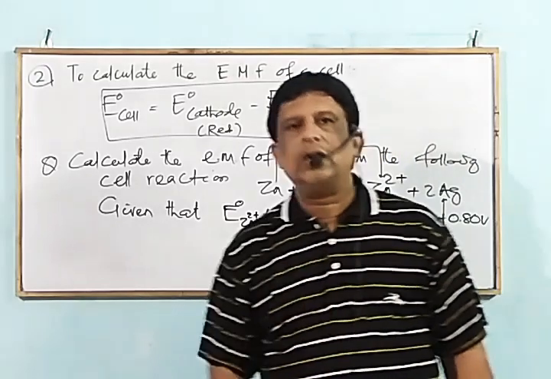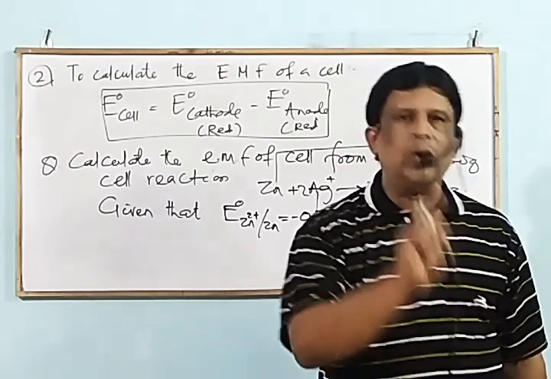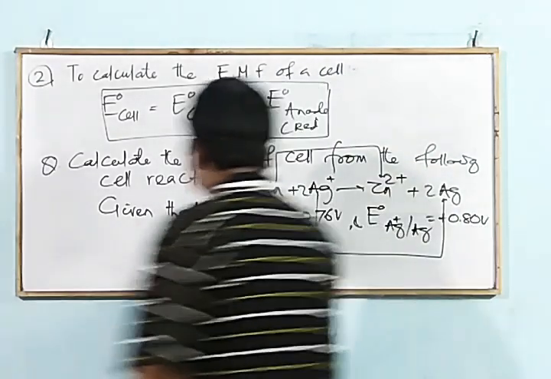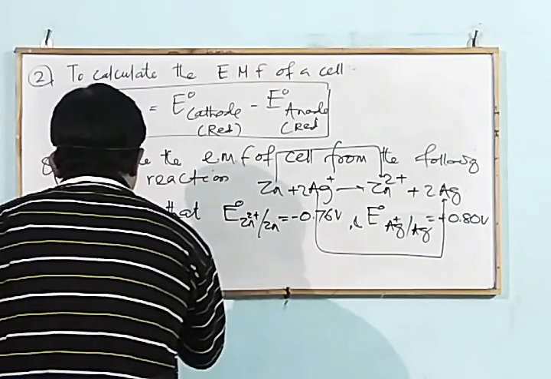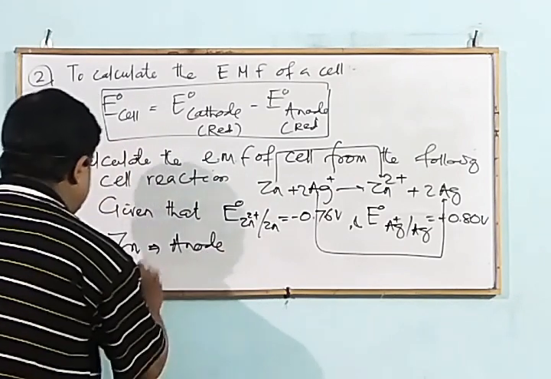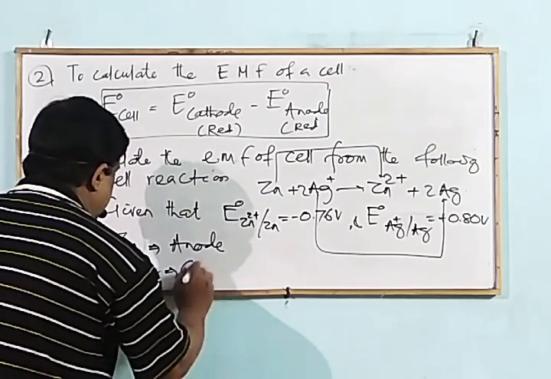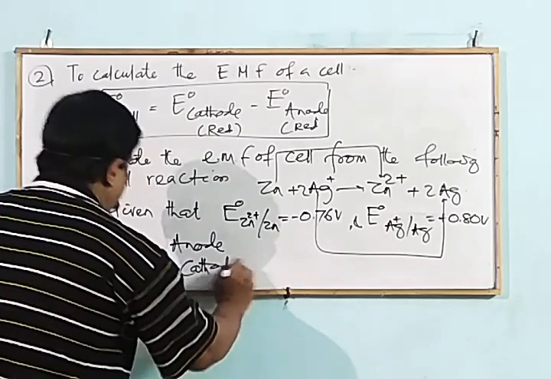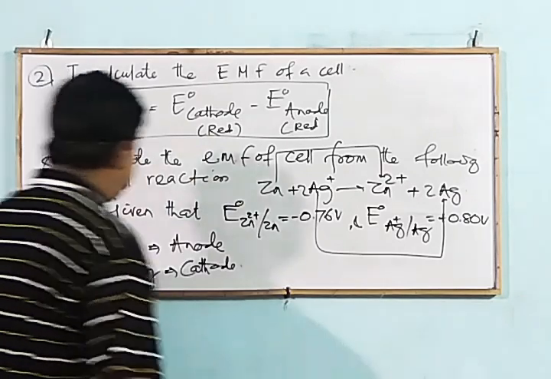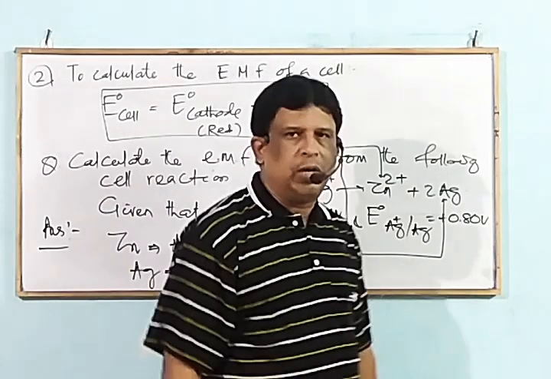Oxidation takes place at anode, reduction takes place at cathode. So here zinc behaves as anode and silver behaves as cathode. Point 1 is over: which one is cathode and which one is anode.